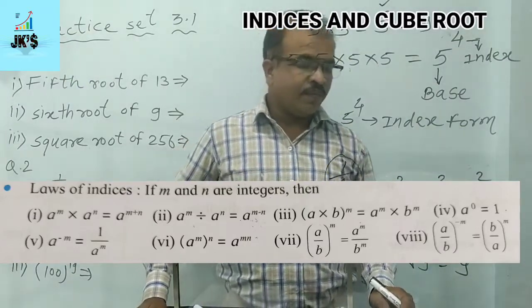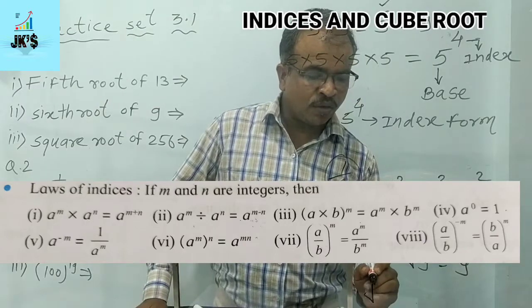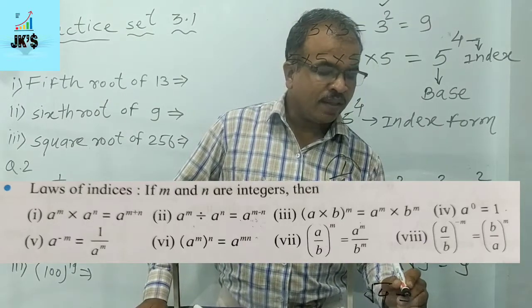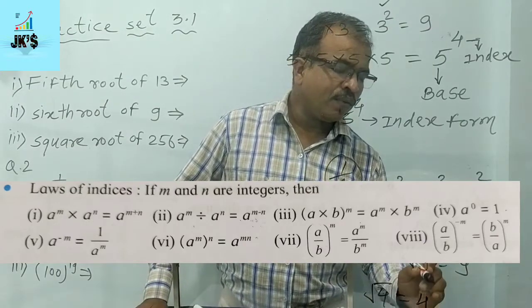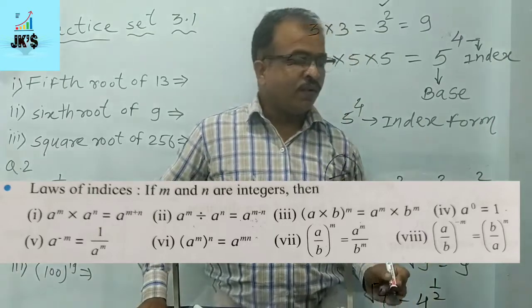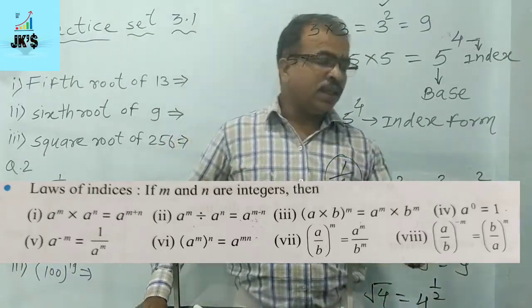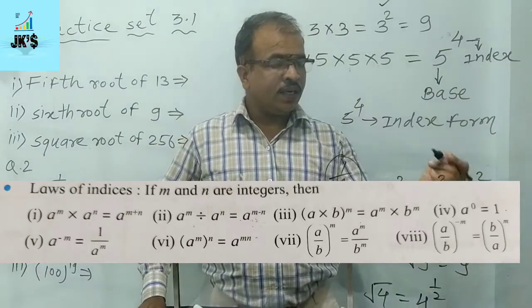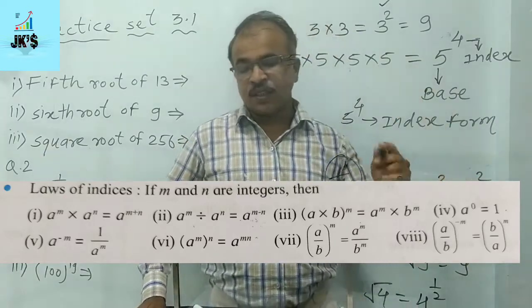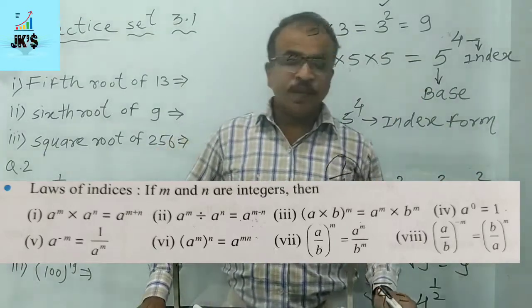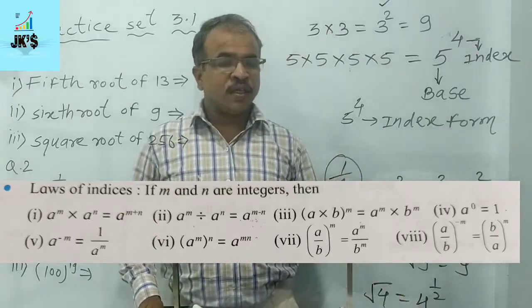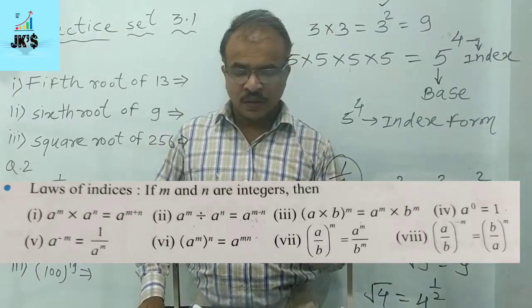Similarly, the square root of 4 is 4 to the power 1 by 2. When we take the root, then that index goes to the denominator, means its inverse takes place. Similarly, when we consider the cube, what happens?